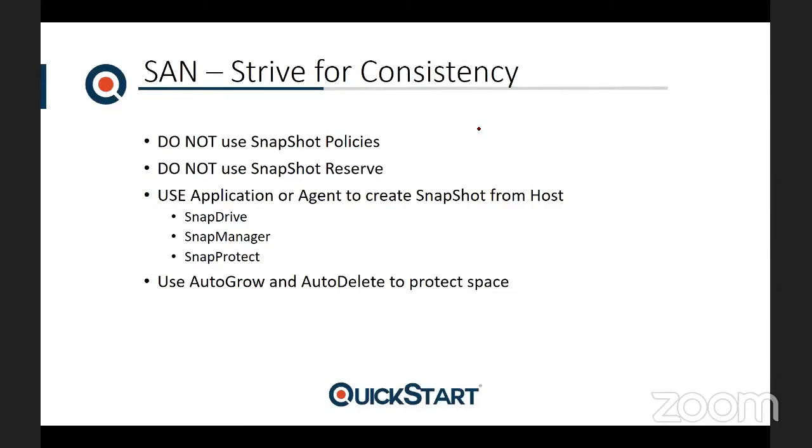In the world of SAN, the host, like the Windows server here running SQL or something like that, is actually connecting to a LUN that is within the volume that I have snapshotted. This Windows OS, he's in charge of what's inside that LUN.